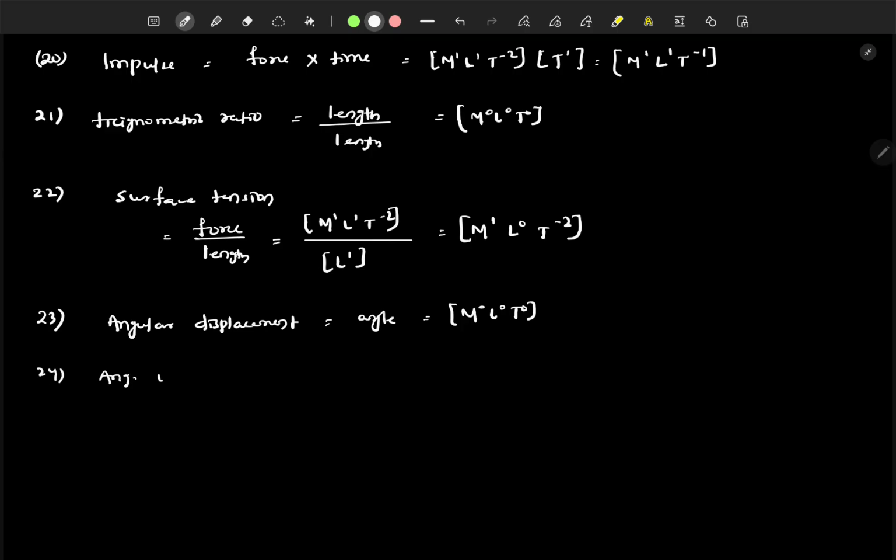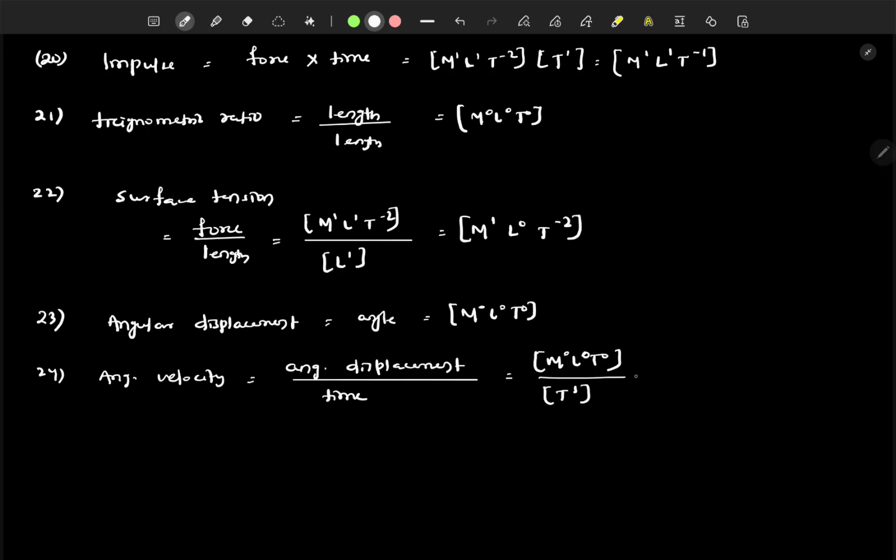The answer will be angular displacement divided by time. And angular displacement is M⁰L⁰T⁰ divided by the time, which is T¹. So the dimension will be M⁰L⁰T⁻¹.